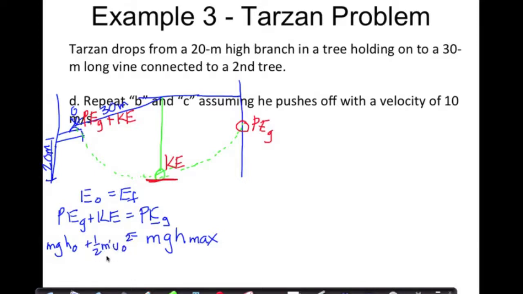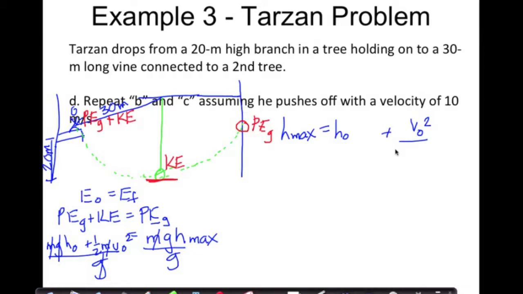Our m's, we can see, cancel out of all of our terms. And we solve for h max. That means let's go ahead and divide through by gravity. This gravity term is going to cancel out of this term, but not out of this one. So let's rewrite that. H max equals h initial plus v initial squared.